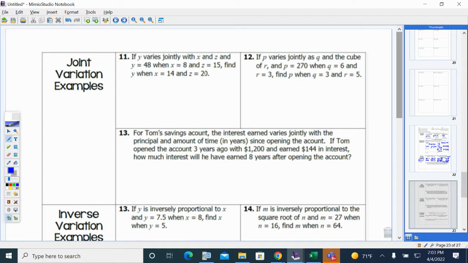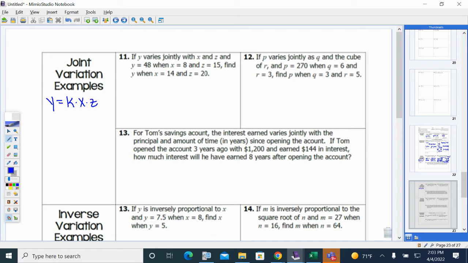Read that first part first, and it's going to tell you how to set it up. Y varies jointly with x and z. So that's your y equals k times x times z. So we're going to take the first pieces of information, plug those in, find k, and then use that to find the y in the end.